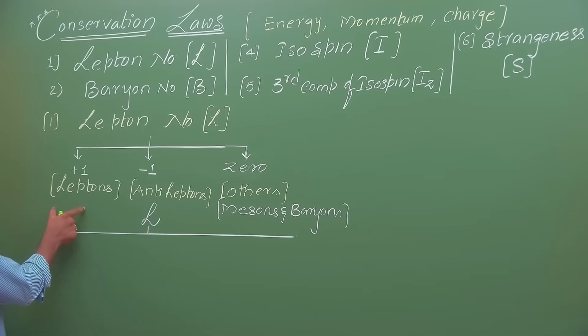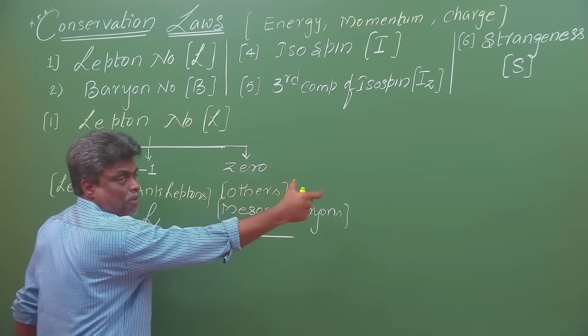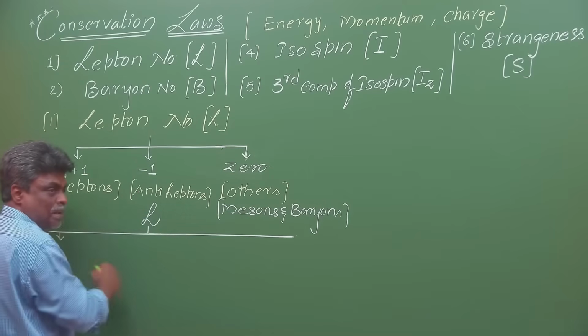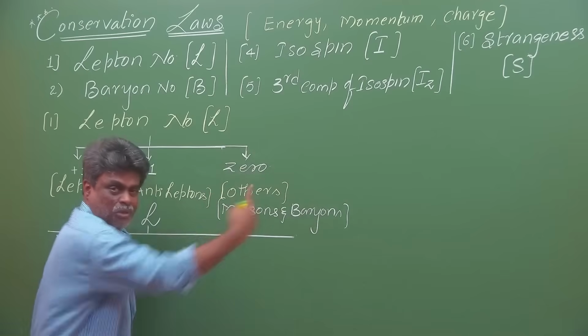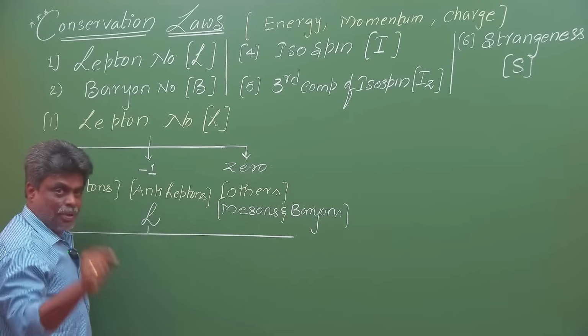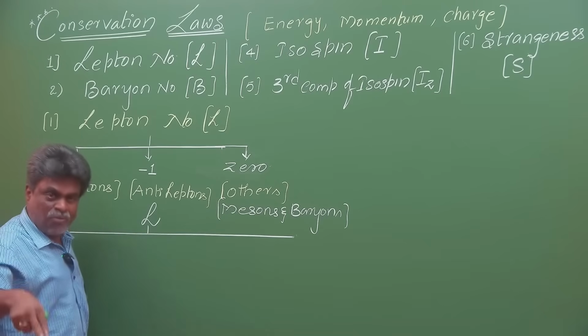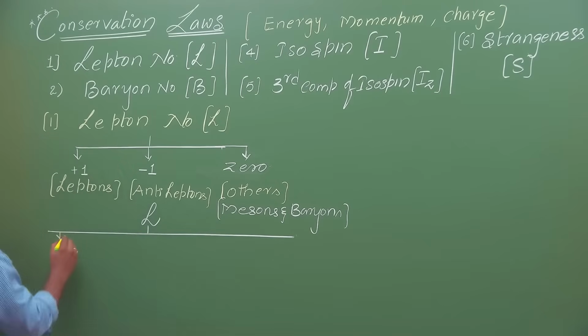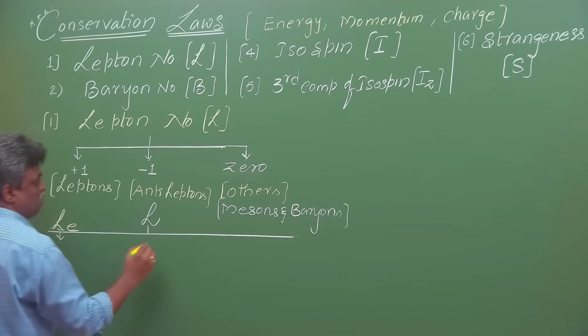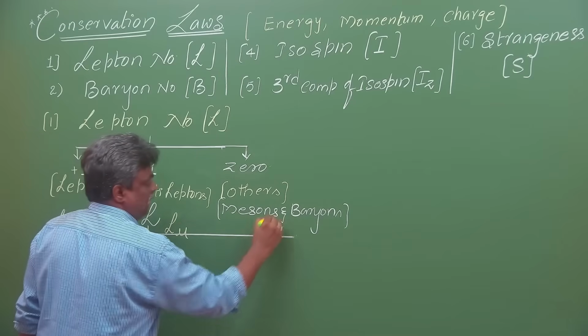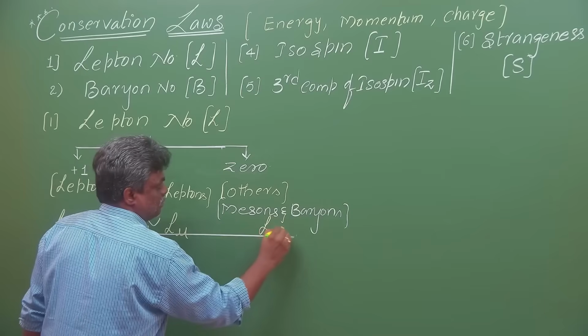This side you have an electron, that side you have mu minus. So you should not write L equals +1 here, both are conserved. No. You have to check separately for electron family, mu family, tau family. That's most important. Le for the electron family, L mu for the mu family, L tau for the tau family.